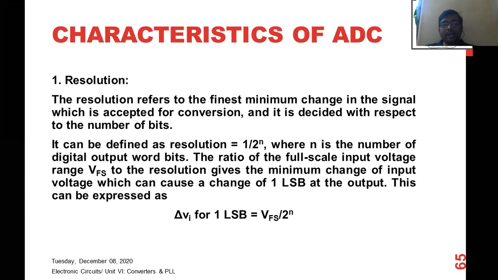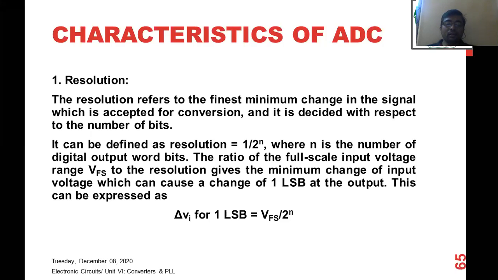So it can be defined as resolution 1 upon 2 raised to the power n for the n-bit A to D converter, where n is the number of digital output word bits. The ratio of full scale input voltage to resolution gives the minimum change of input voltage which causes a change of 1 LSB. That is, delta VI for 1 LSB is VFS upon 2 raised to the power n.